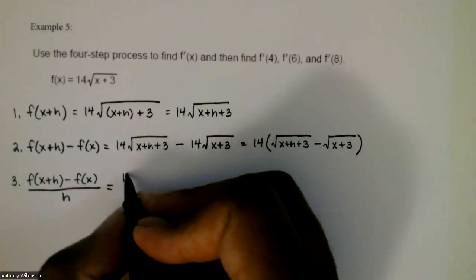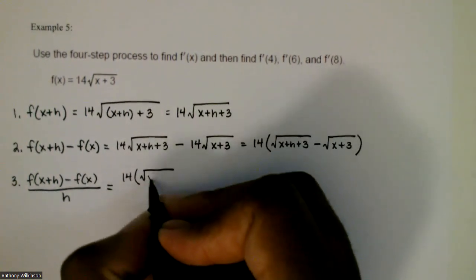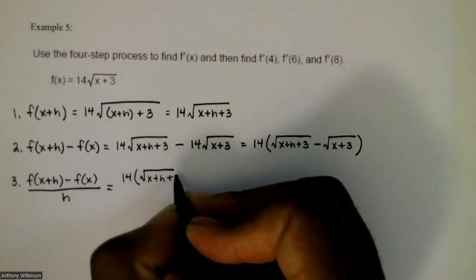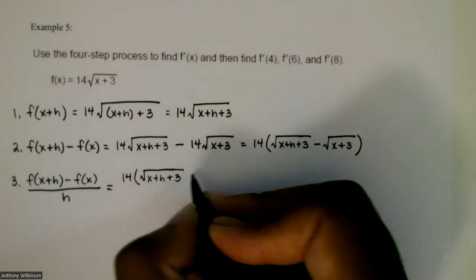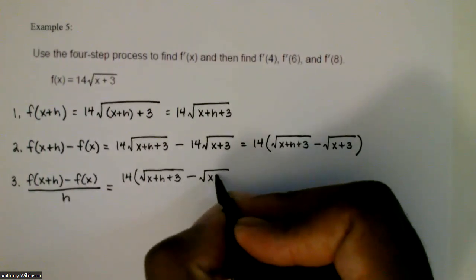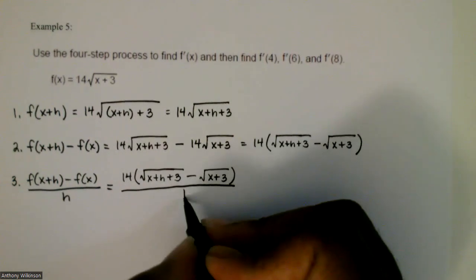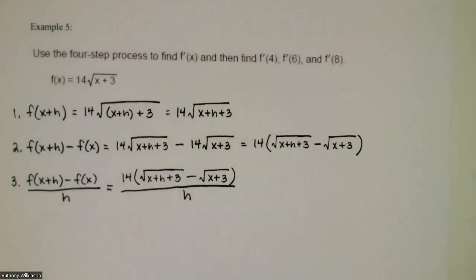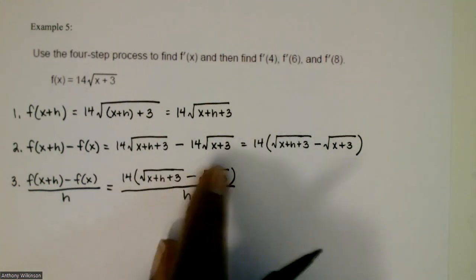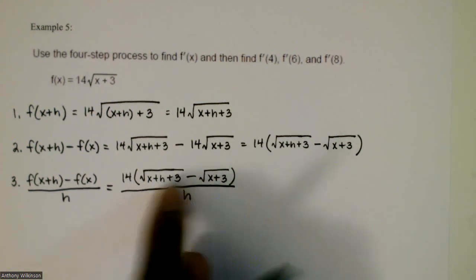So here I got the 14 times the quantity of the square root of x plus h plus 3 minus the square root of x plus 3, and divide that by h. Now, where do we go from here? All right, so here's what we need to do right here. You see this expression right here?